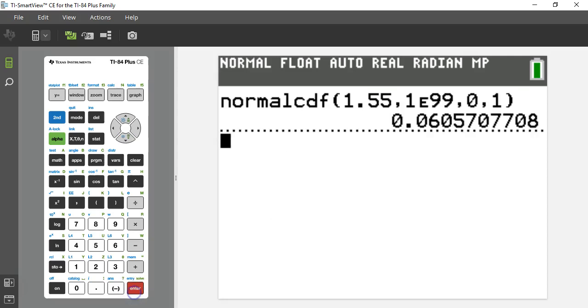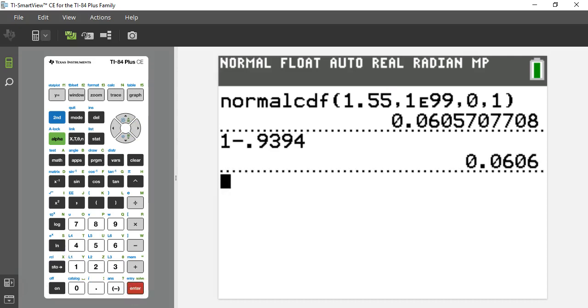And so it tells us that our probability is what to 4 decimal places? You got it. 0.0606. And if you also did 1 minus our previous, which was 0.9394, I know I had it backwards. 0.9394.